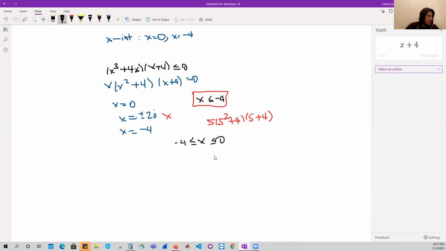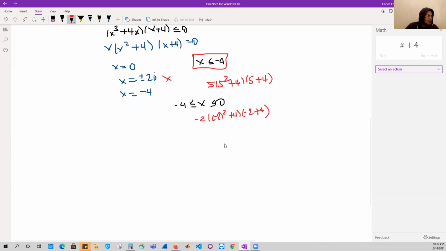So let's try, I don't know, minus 2. Minus 2 times minus 2 squared plus 4, times minus 2 plus 4. I'm not going to use the calculator. Let's see, it's minus 2, times 4 plus 4, which is 8, times 2.